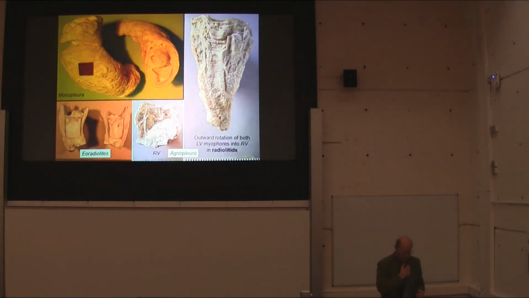So, for example, I mentioned this earlier, the example there with Monopleura, which gave rise to the first radiolitid, Agriopleura, which is completely uncoiled, and the solution in the radiolitids was, as I mentioned, for the two myophores to tilt down and face outwards onto the inside of the lower valve.